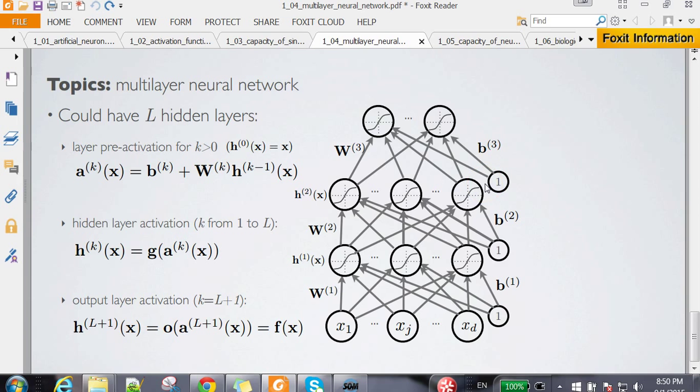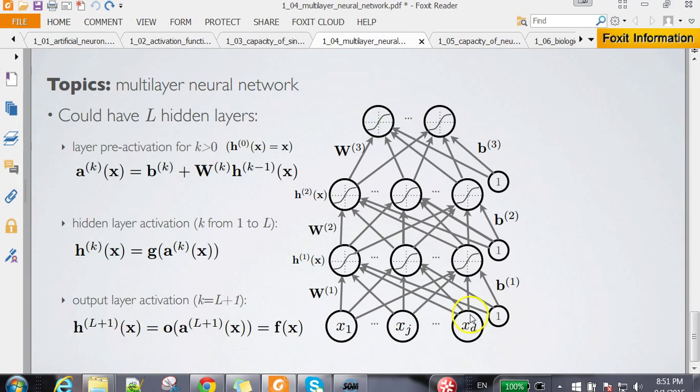Now there's one thing to understand here, and that is the x, let's say, when k is 2, we're talking about the inputs into here. Those inputs are what are coming out of here. They don't refer to the original x matrix.